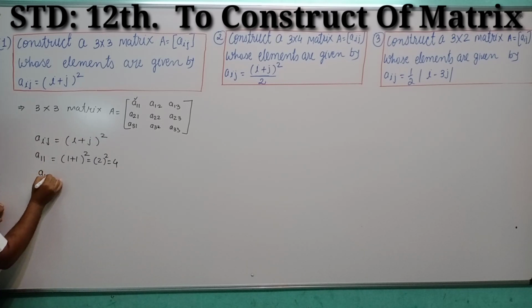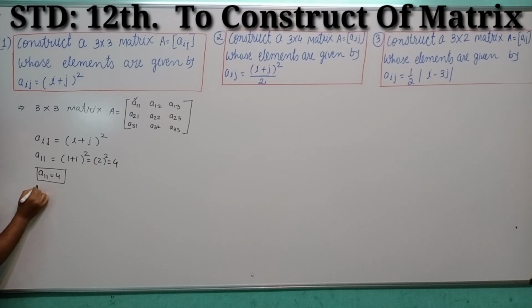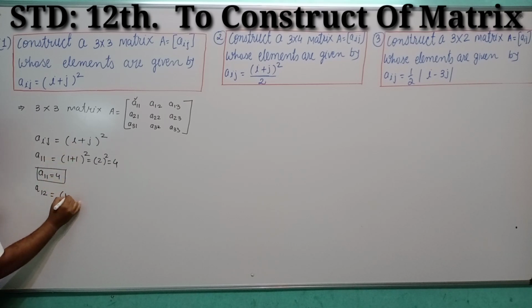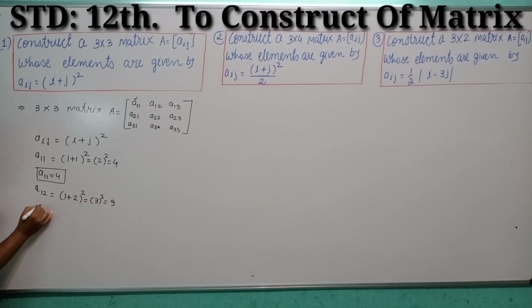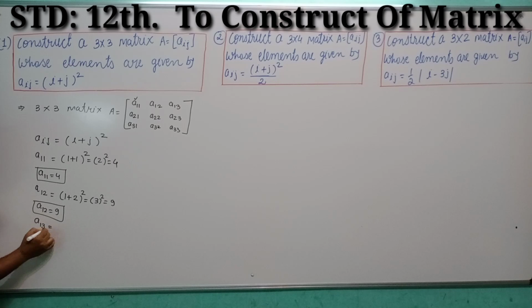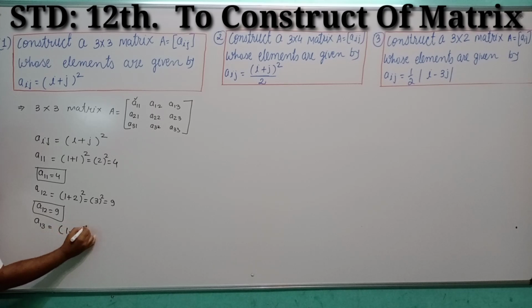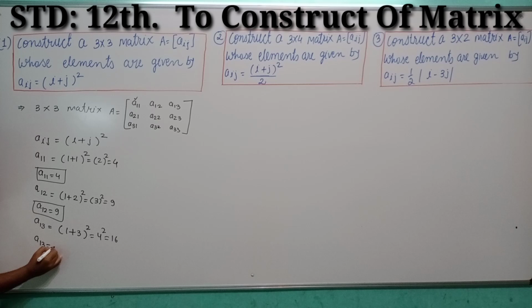Similarly, you can find a12, putting i is 1 and j is 2: 1 plus 2 whole square, 3 whole square, 9. So a12 is equal to 9. Now a13: i is 1 and j is 3, so 1 plus 3 whole square, 4 square is equal to 16. So a13 is equal to 16.